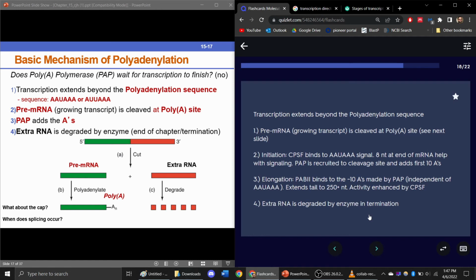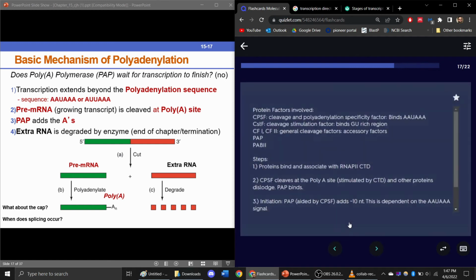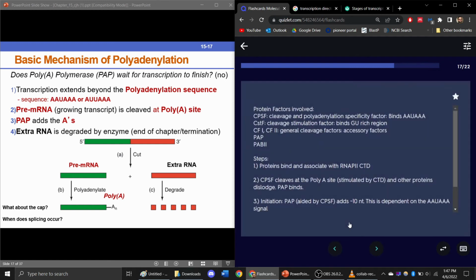Even though this is the simple overview, there's not really too much more depth in the PowerPoints that Dr. Daud is going to need you to know. So having said that, I'm going to backtrack to this cleavage of pre-mRNA step, where we go into the specifics of each factor in a little bit closer detail.